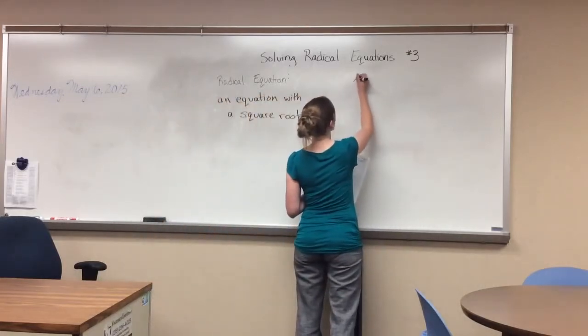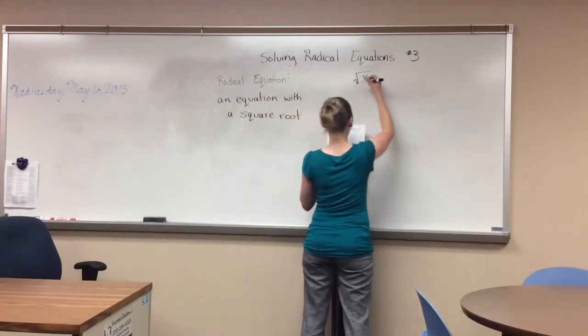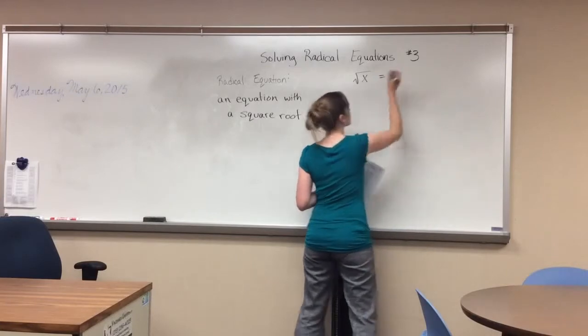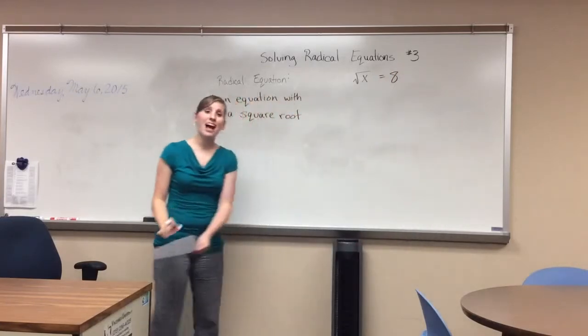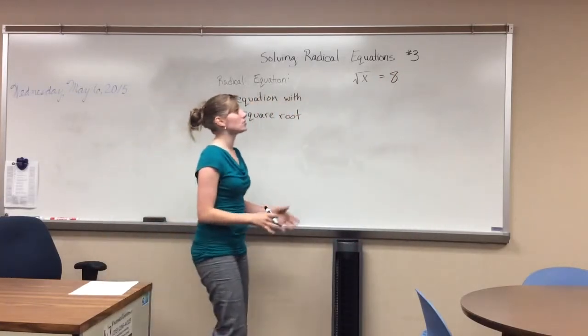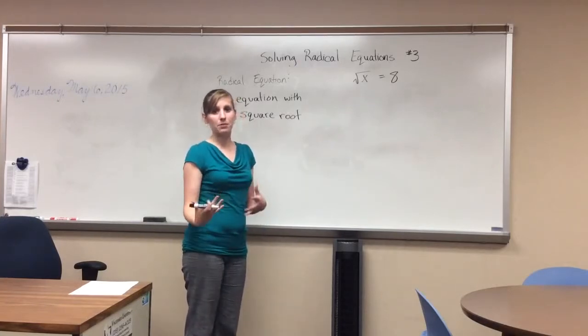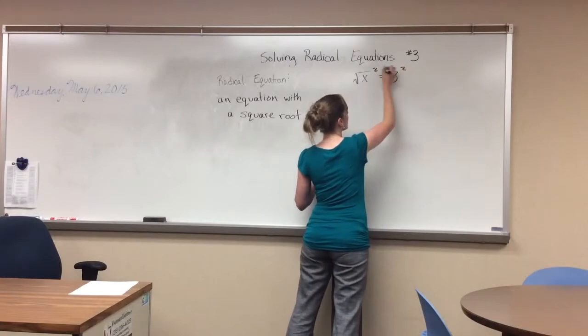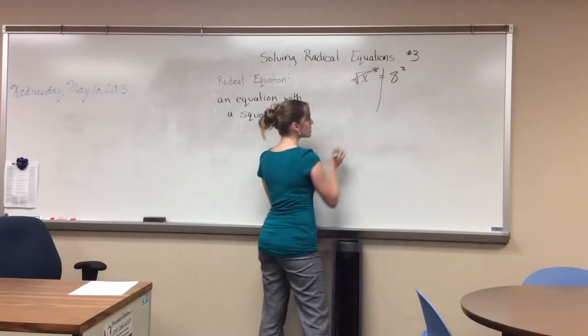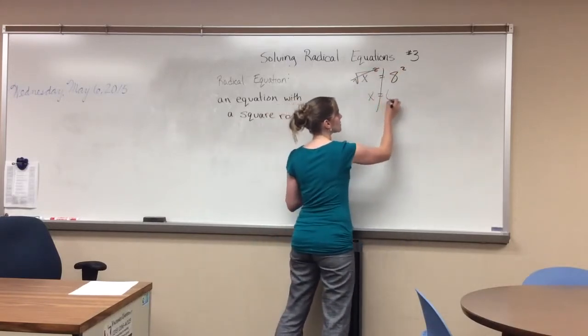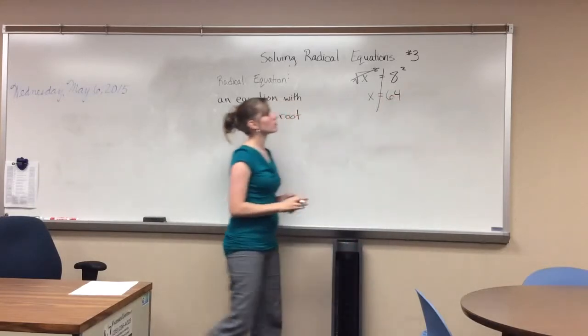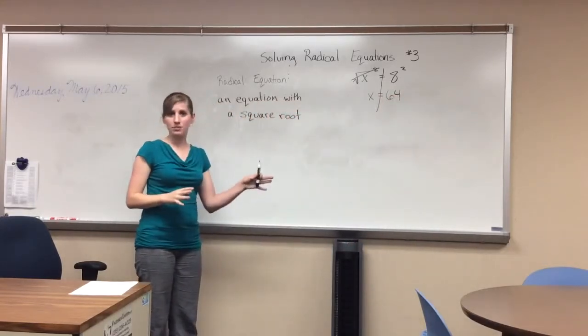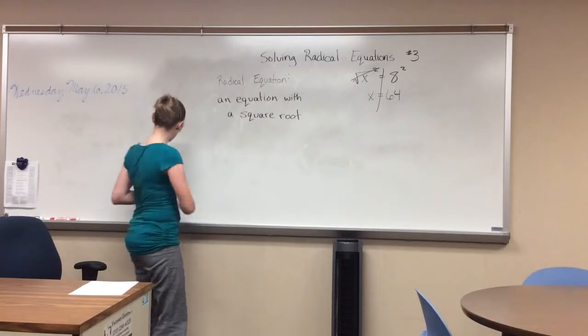If we have the square root of x equals 8, the opposite of a square root is to square both sides, or take both sides to the second power. If I square both sides, that cancels out the square root, and I get x equals 64. We're going to be using that concept today to solve our equations.